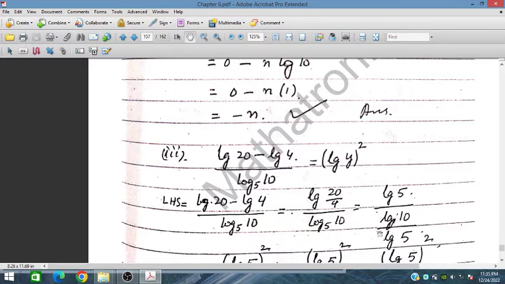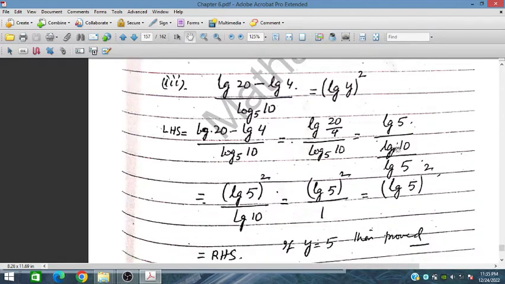So we already have learned these logarithmic laws. By using that property, it can be written as this. This denominator can be written down as this.